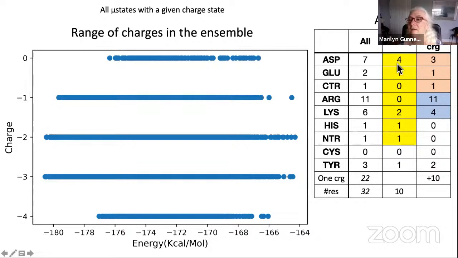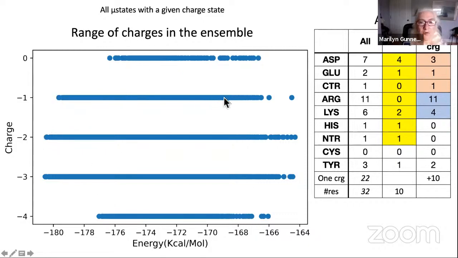There are 7 aspartic acids. 4 of them are changing their charge in the accepted microstates, and 3 of them are basically always in a single charge state. Again, for Glu and C-terminus, and of course all the arginines are in a single state. So we have 10 amino acids that are changing, and we have essentially a background charge of 10 that wasn't included here. What we see is charge states from 0 to -4, which is really from 10 to -6, if you care.